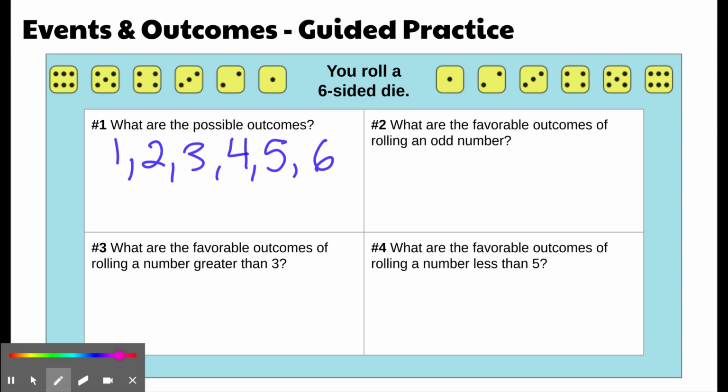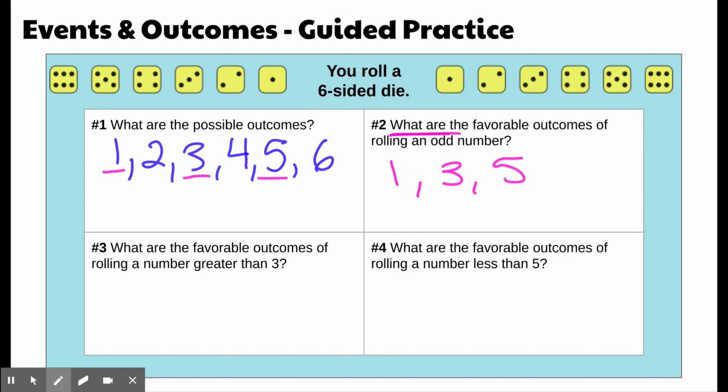Okay, so 1 is an odd number, 3, and 5. Now, again, this is not asking how many favorable outcomes there are. It's asking what they are. So those are the favorable outcomes when it comes to rolling an odd number.